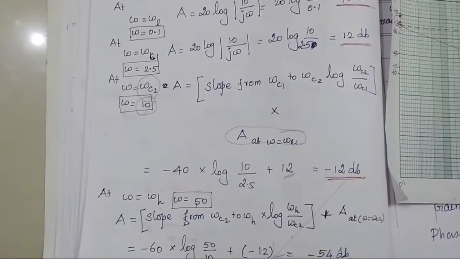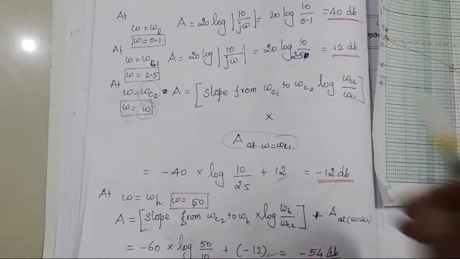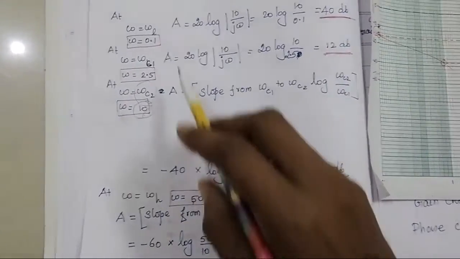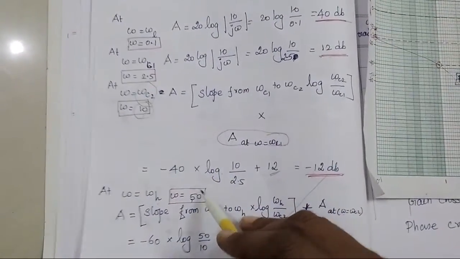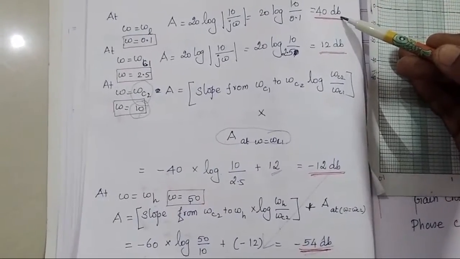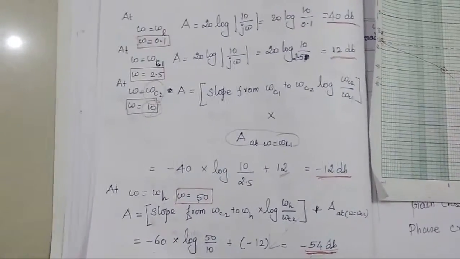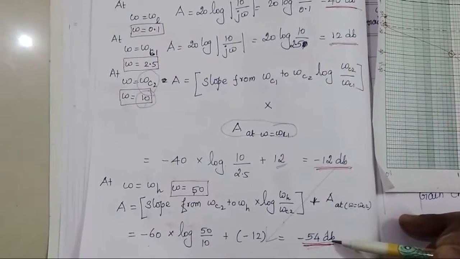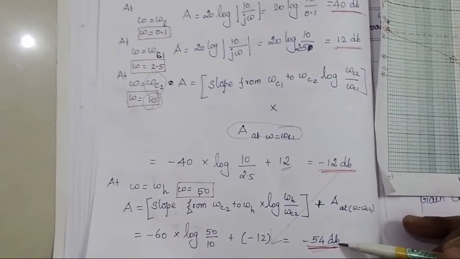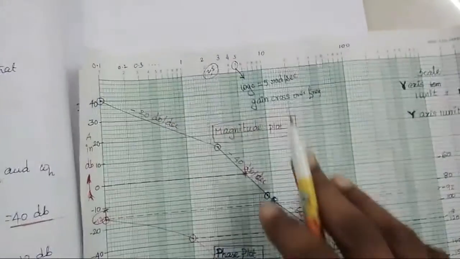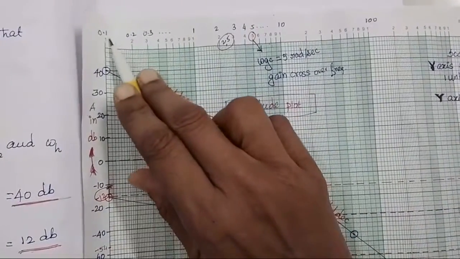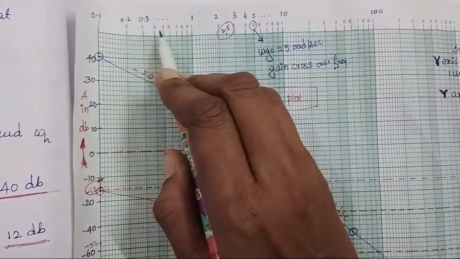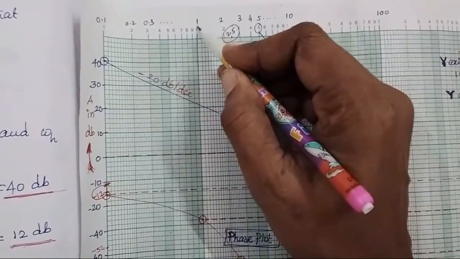Now observe the values and try to fix the axis. Omega values vary from 0.1 to 50, and gain values from plus 40 dB to minus 54 dB. So that's why here we have chosen 0.1, 0.2, 0.3, 0.4, similarly here omega value 1.